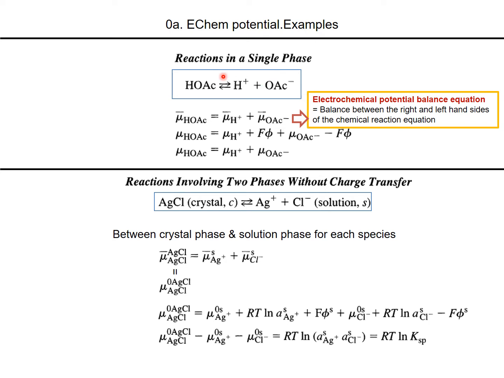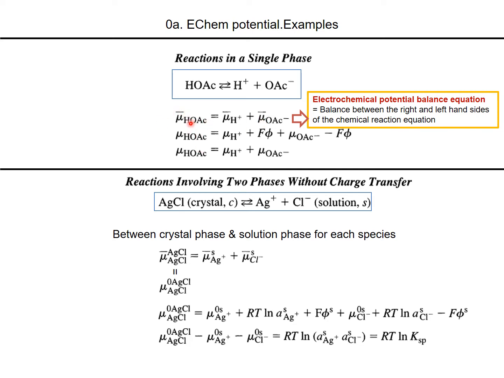The total summation of electrochemical potential of the left side of this equation is equal to the total electrochemical potential of the right side of this equation. That is the balance equation. So acetic acid is equal to proton plus acetate. I forgot one more thing. This balance equation works only at equilibrium. I'd like to emphasize, at equilibrium the electrochemical potential balance equation works.